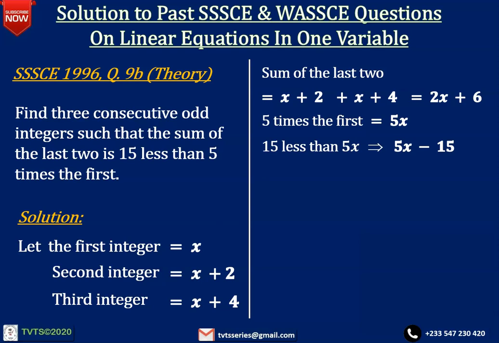Now, we are told that the sum of the last two is 15 less than 5 times the first. This implies that 2x plus 6 is equal to 5x minus 15.